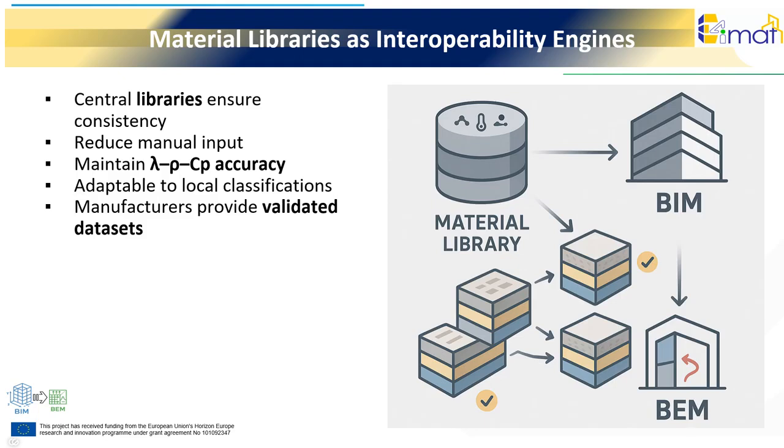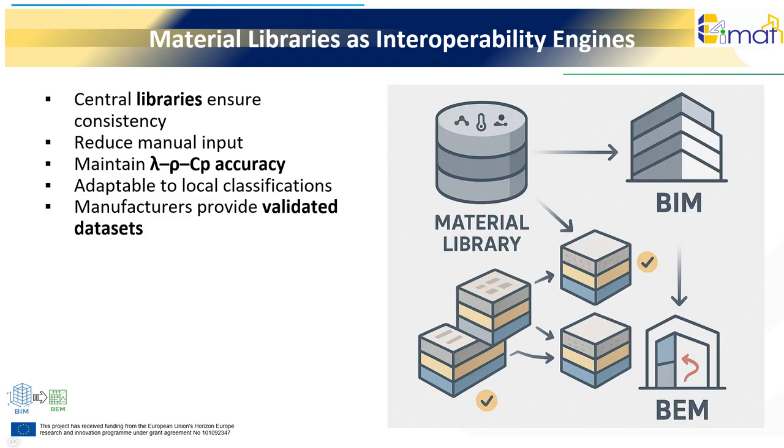This approach significantly reduces inconsistencies between tools. When BIM and BEM platforms reference the same dataset, the likelihood of mismatched values or contradictory definitions is minimized. For analytical workflows, this consistency is especially important because even small variations in material properties can influence energy results.